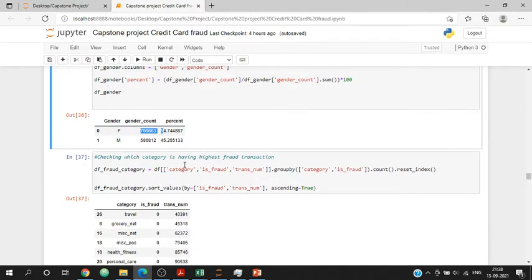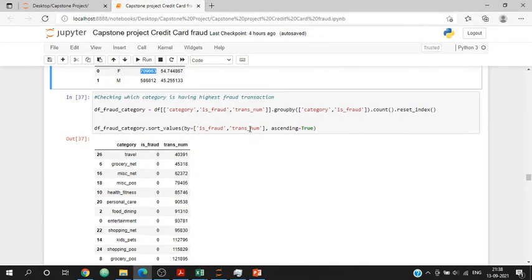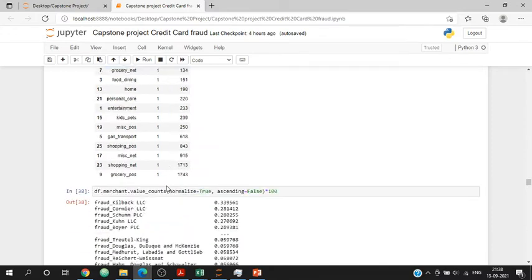Based on this insight, we came to the conclusion that females are more prone to using credit cards. So this is based on the category and the number of transactions, and we are trying to detect the frauds.